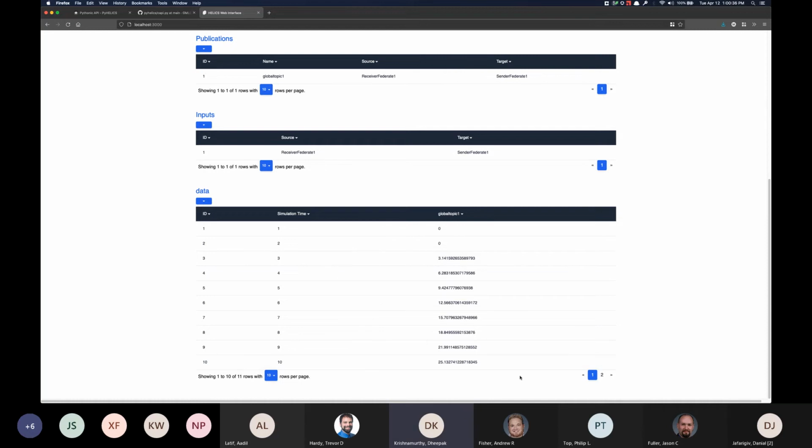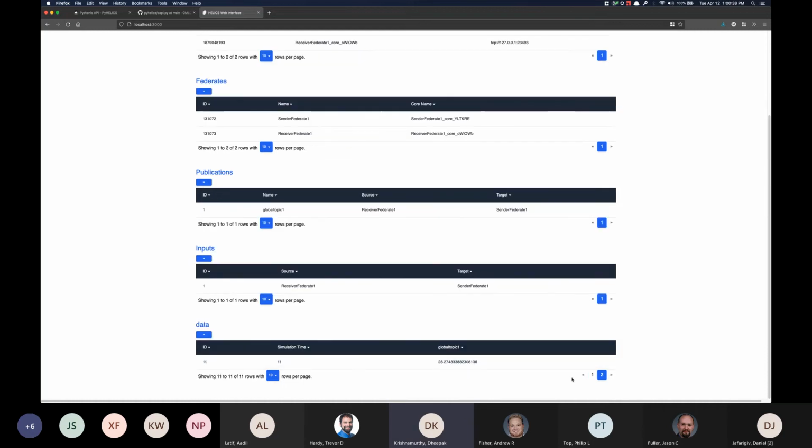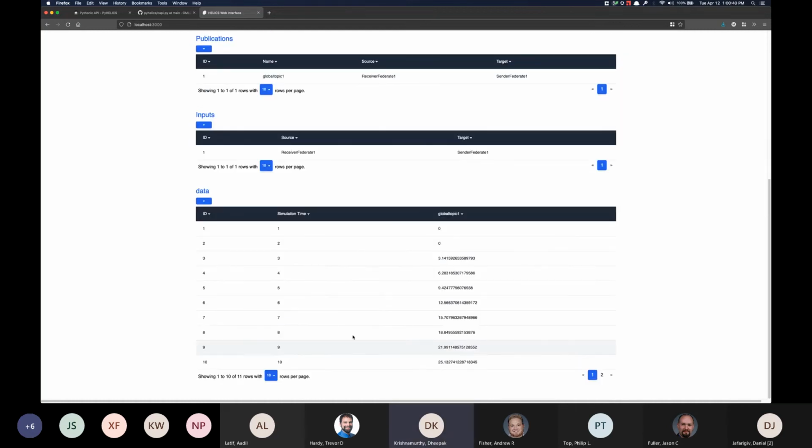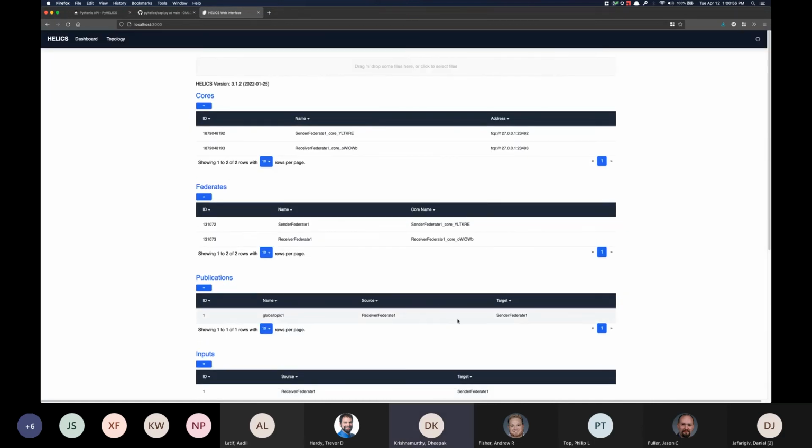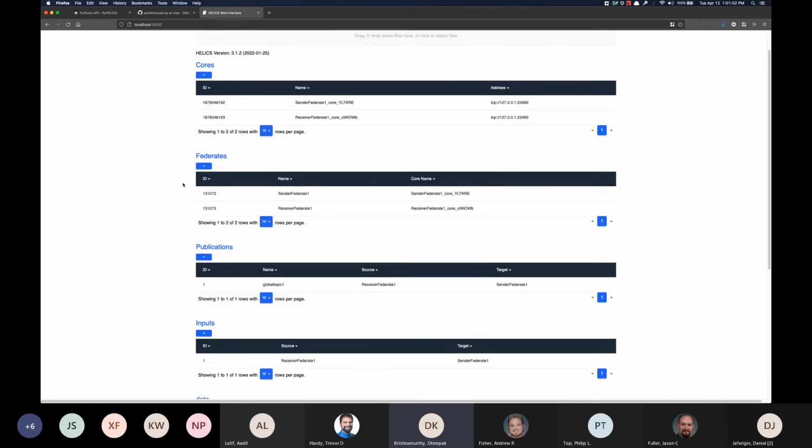So in this case, there are just 11 rows because it's just a 10 time step simulation, and the values that were being exchanged are just incrementing over here. Okay, so that's an example of the dashboard part of the web interface.